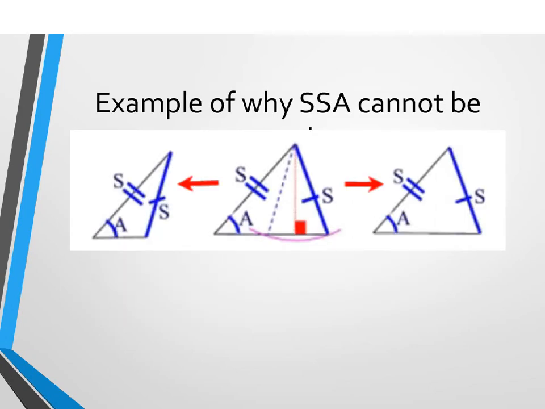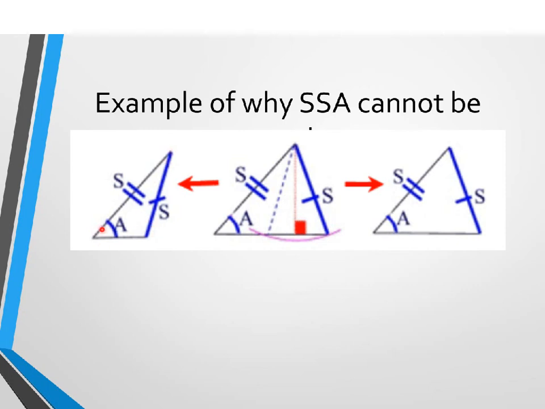Okay, let's look at another one. And here's the reason why you are not going to be using the side-side-angle or the angle-angle-side, as I've told you before, the donkey postulate. And that is because of this right here.